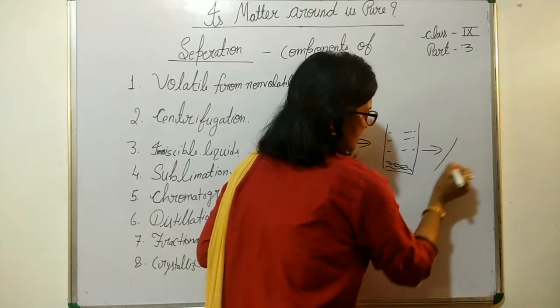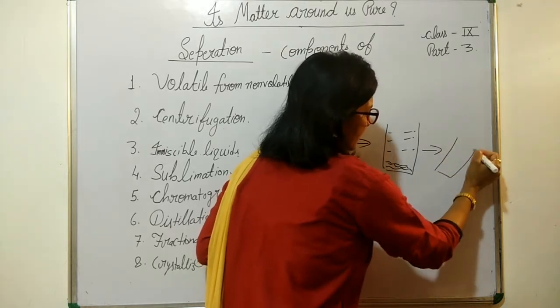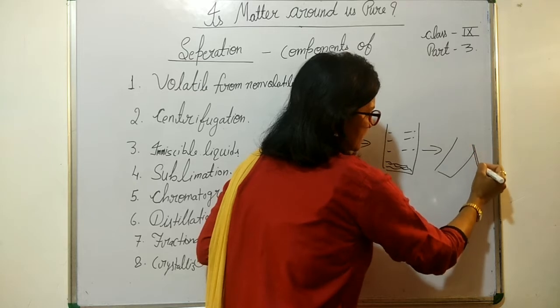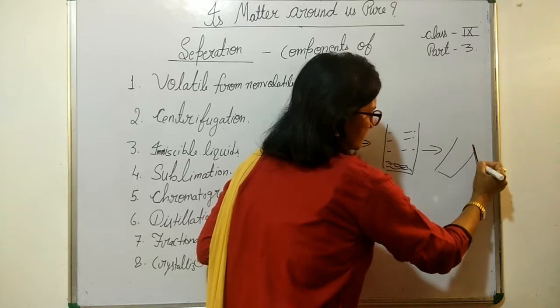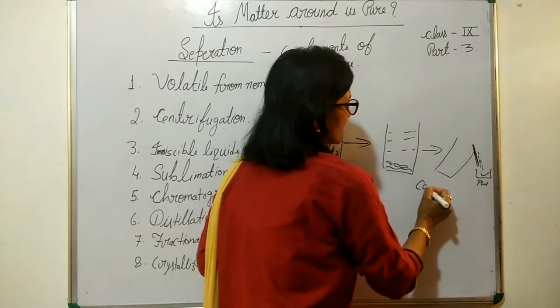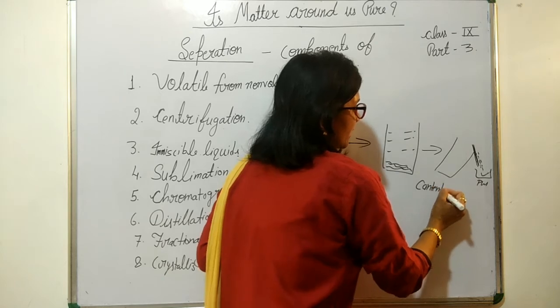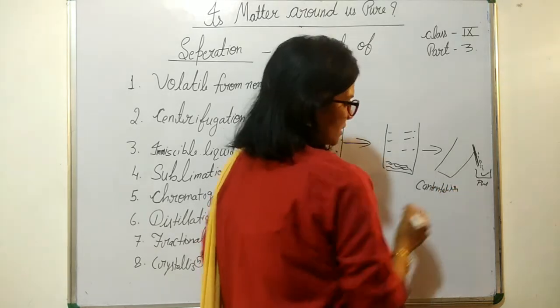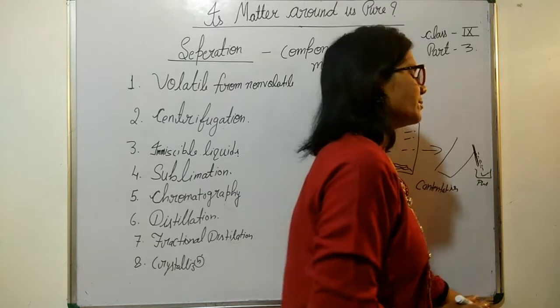Then you pour it with the help of a stick so that you get the pure water in your container. That was the process of decantation. There were many processes which we discussed in previous classes.